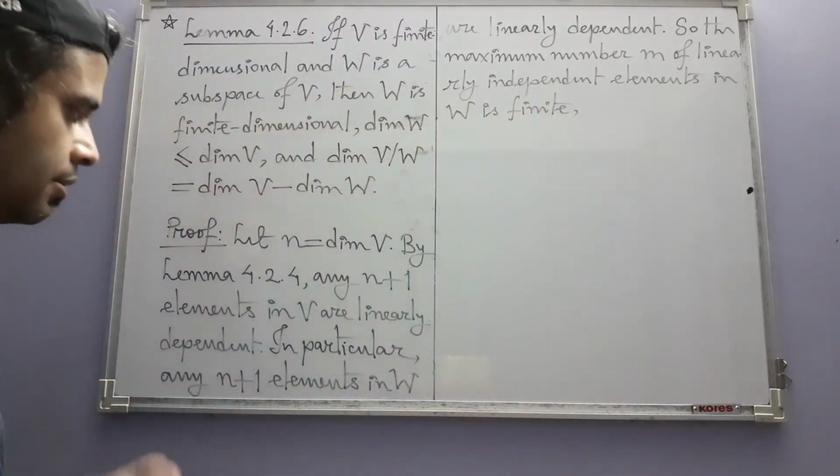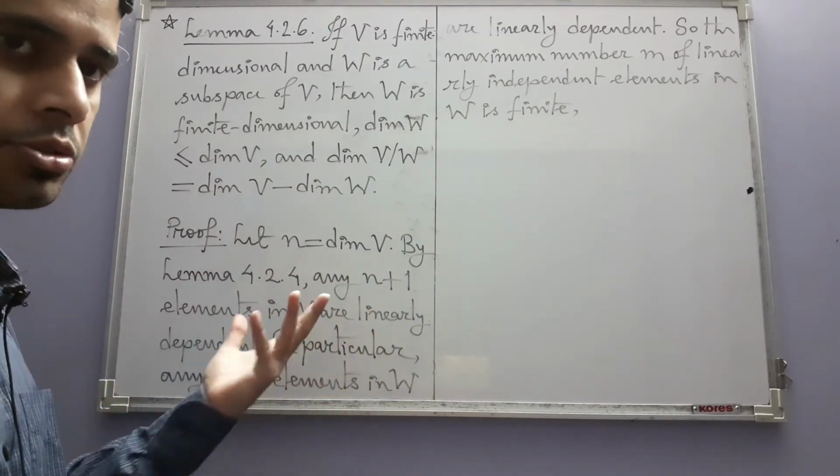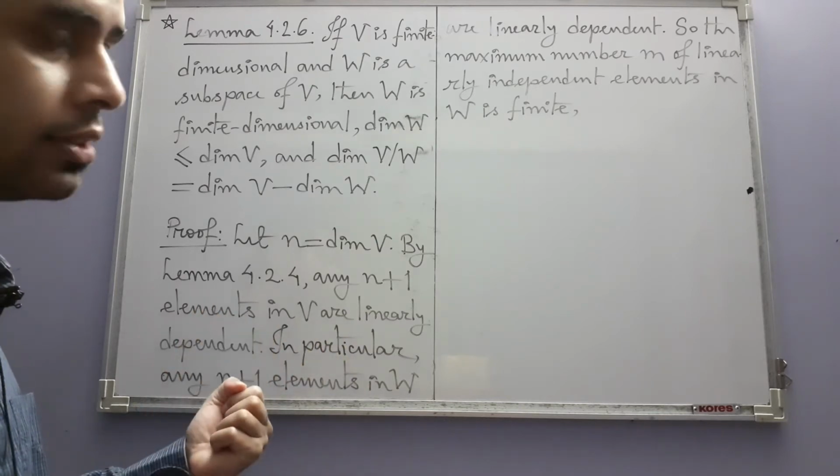Of course, because the moment you take n plus 1 elements in W, those elements give you a linearly dependent set.